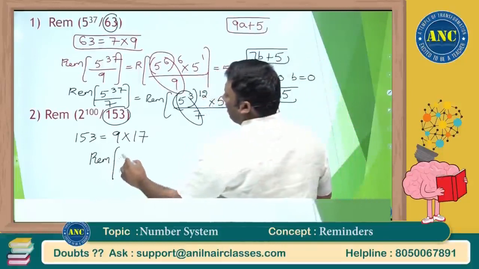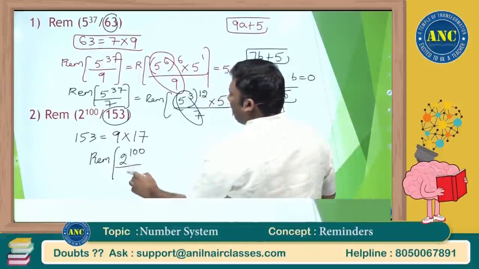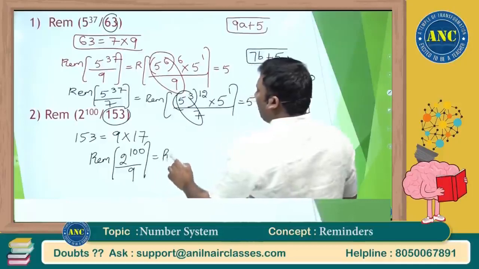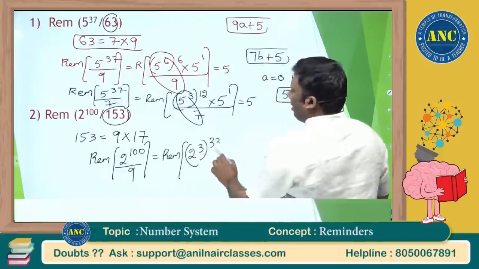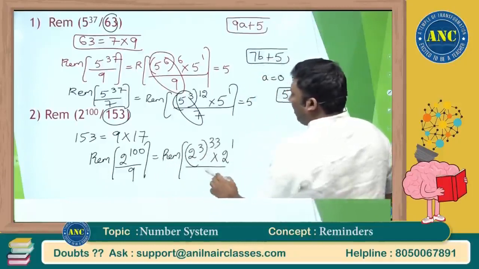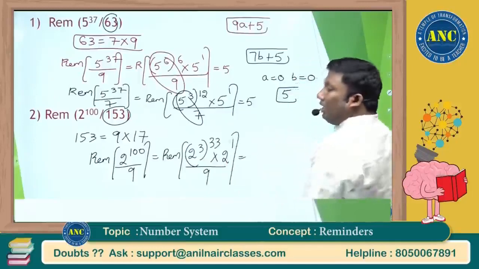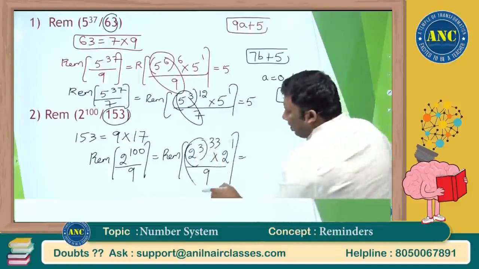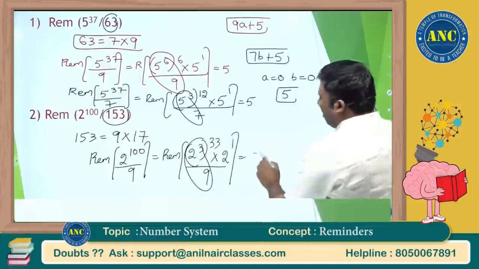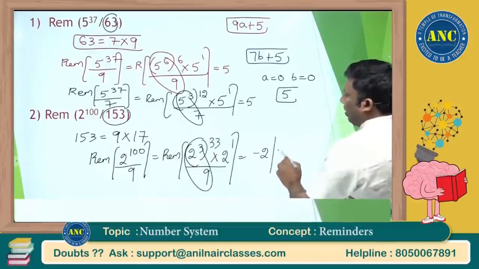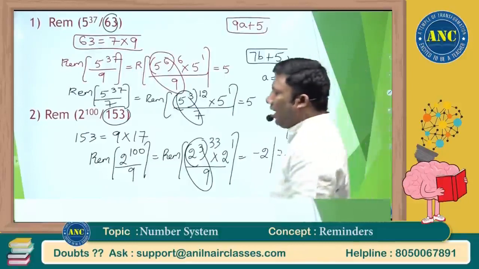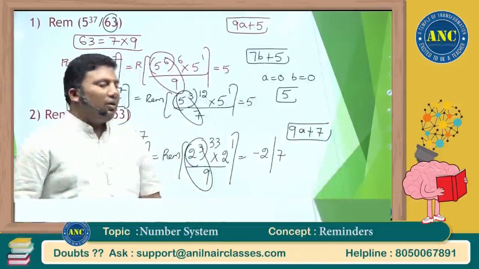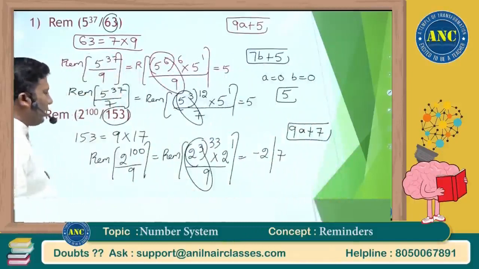So 2 power 100 divided by 9 is 2 cube power 33 into 2 power 1 divided by 9. 8 by 9 is minus 1. Minus 1 into 2 is minus 2, so the positive remainder is 7. Answer when divided by 9 should give remainder 7. I hope the idea is clear.